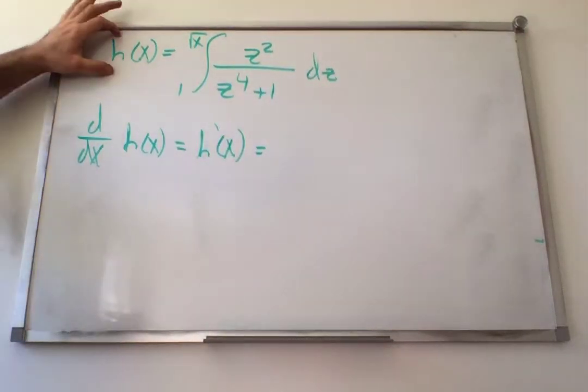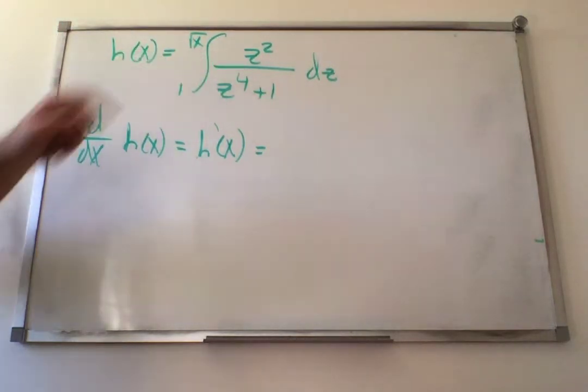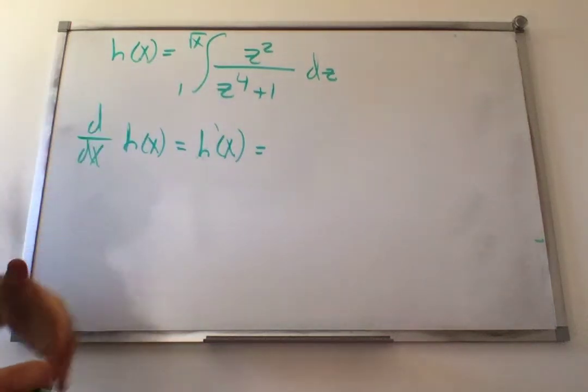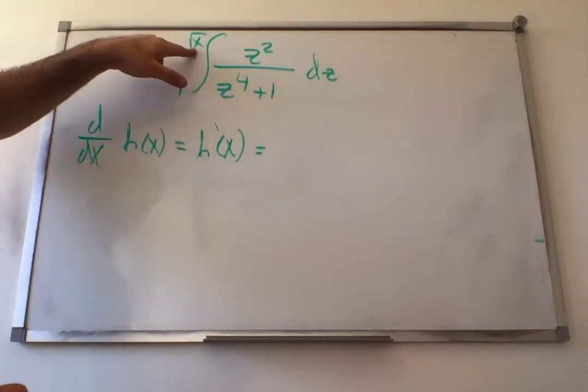Remember, if you plug 1 into the function, you just get a number, and the derivative of a number is 0. So we don't have to worry about the lower limit. We just have to worry about the upper limit.